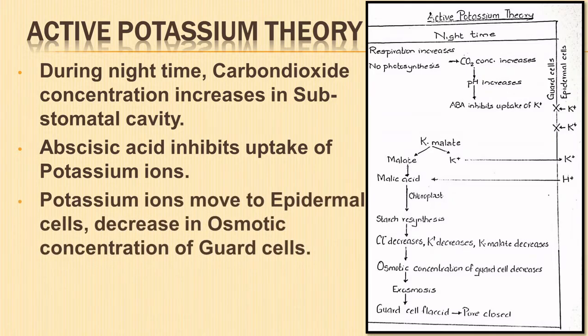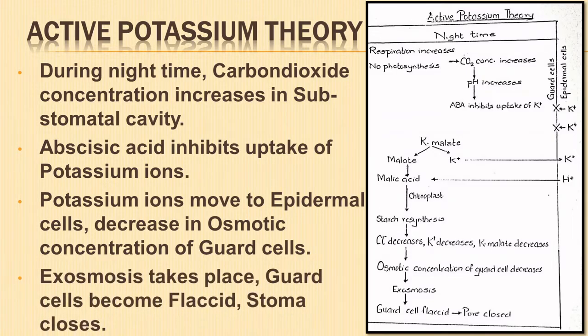Potassium ions are transported from guard cells to subsidiary cells and epidermal cells. This results in decrease in osmotic concentration of guard cells. Exosmosis takes place and water moves out from guard cells, making the cells flaccid.